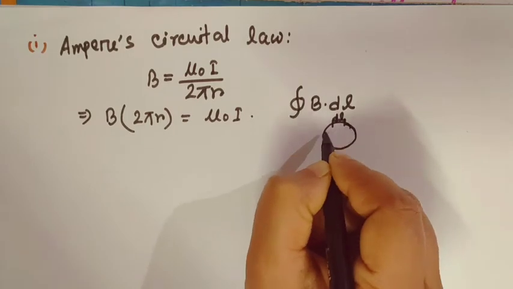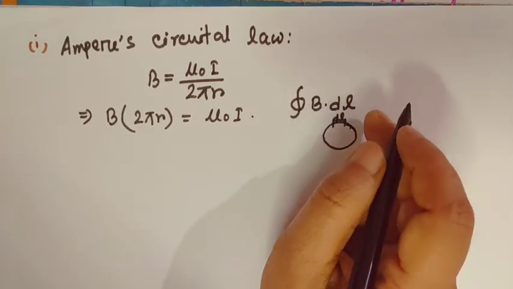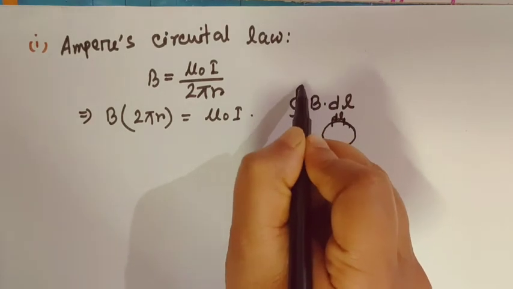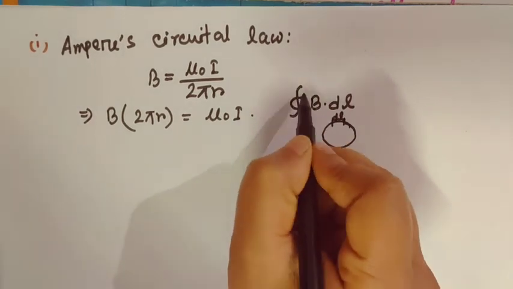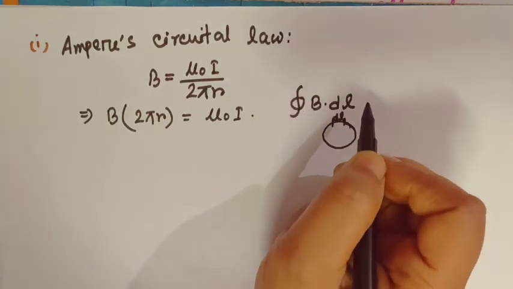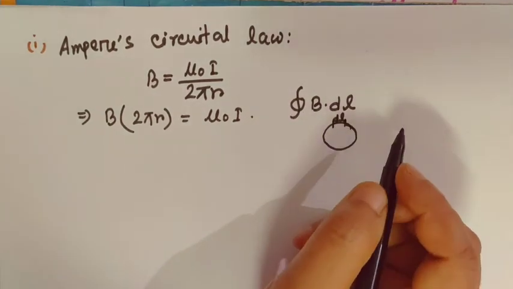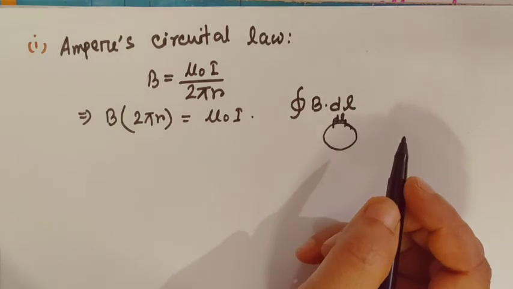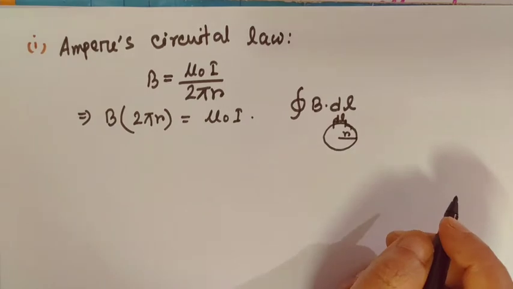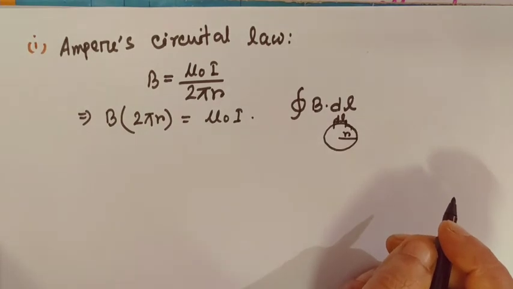So integration over B dot dl. This round symbol means we call this closed integration. Closed integration B dot dl over a closed path taken in the form of a circle of radius r. What is the radius of the circle? r, centered on the wire.